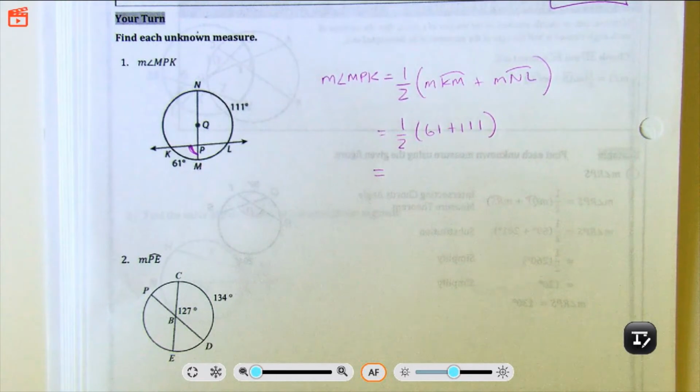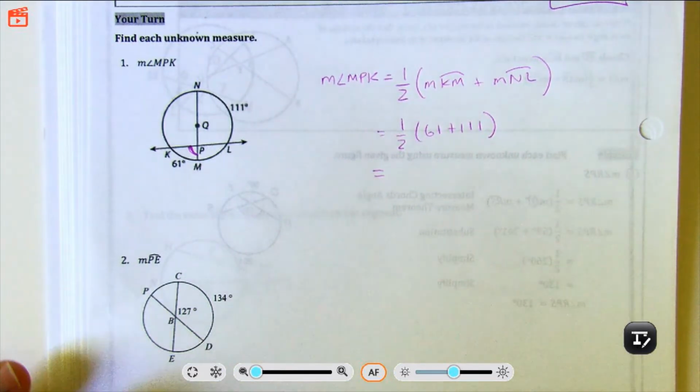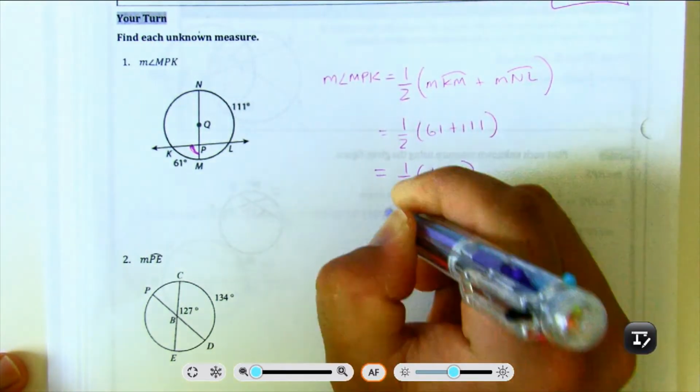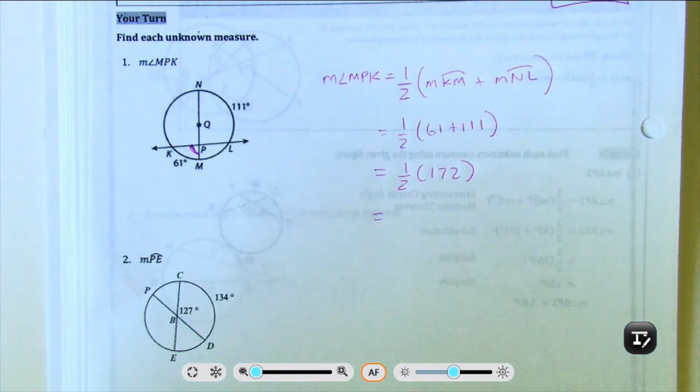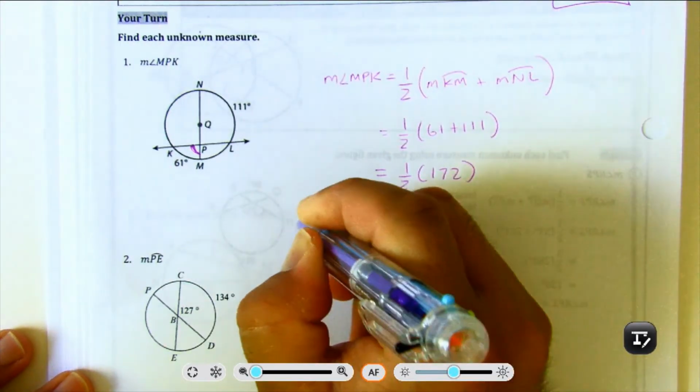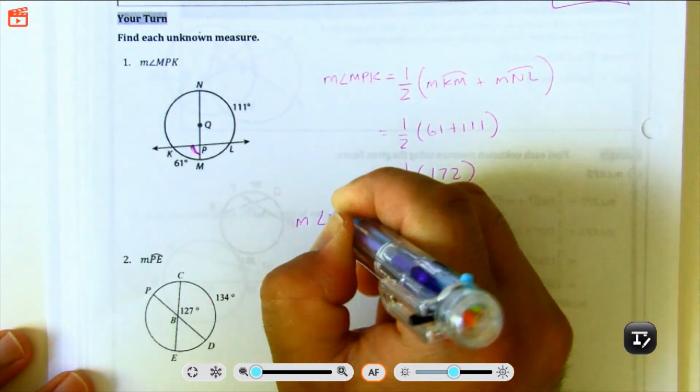So we have half of 172. And then if we take half of 172, that ends up with 86 degrees. So the measurement of angle MPK is equal to 86 degrees.